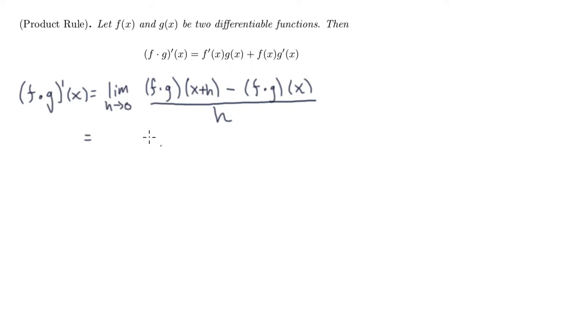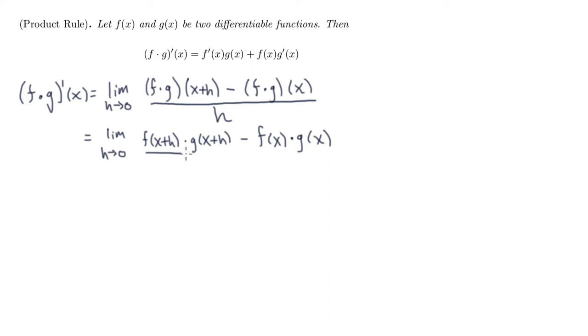Okay, so just using how we know how to combine functions, let's evaluate what this is saying. So f times g evaluated at x plus h is the same thing as f of x plus h times g of x plus h. And then f times g of x is the same thing as f of x times g of x.